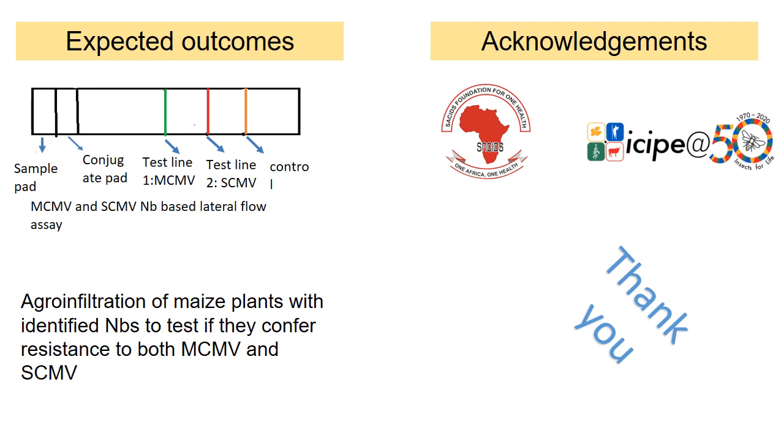And use the nanobodies which are of superior specificity and affinity to develop a rapid assay kit which will be validated for detection of the pathogen. Then for the second objective, the agroinfiltration of maize plants with the identified nanobodies, and then to see if they confer a resistance to both MCMV and SCMV.